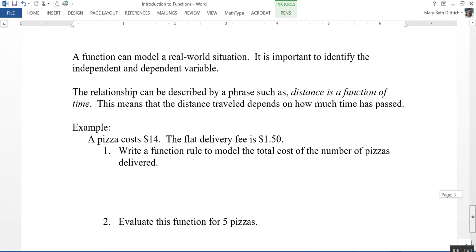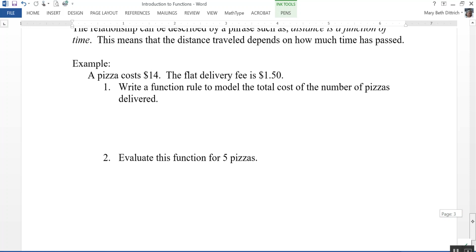Often a function can model a real-world situation. It's important to identify the independent and the dependent variable in the situation. The relation can often be described by a phrase such as, distance is a function of time. This means that the distance traveled depends on how much time has passed. So let's take a look at an example and see if we can identify those.